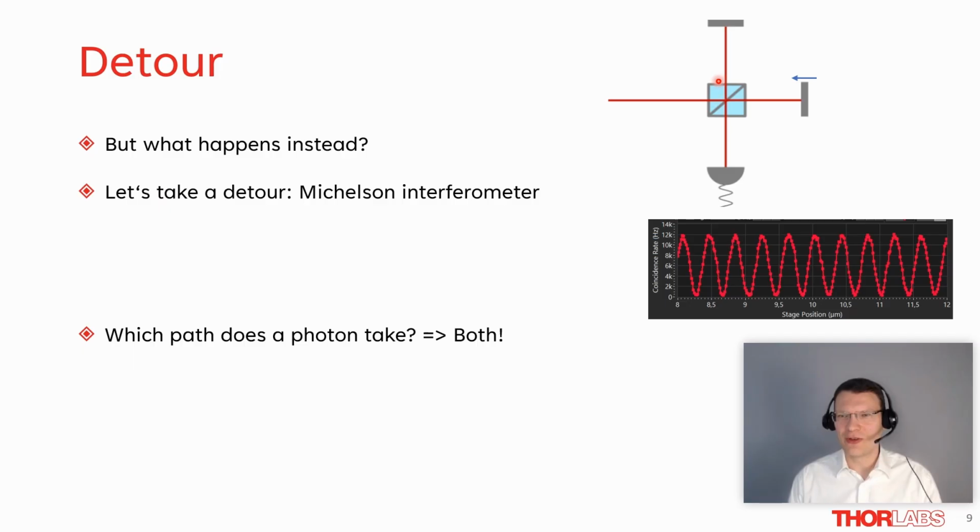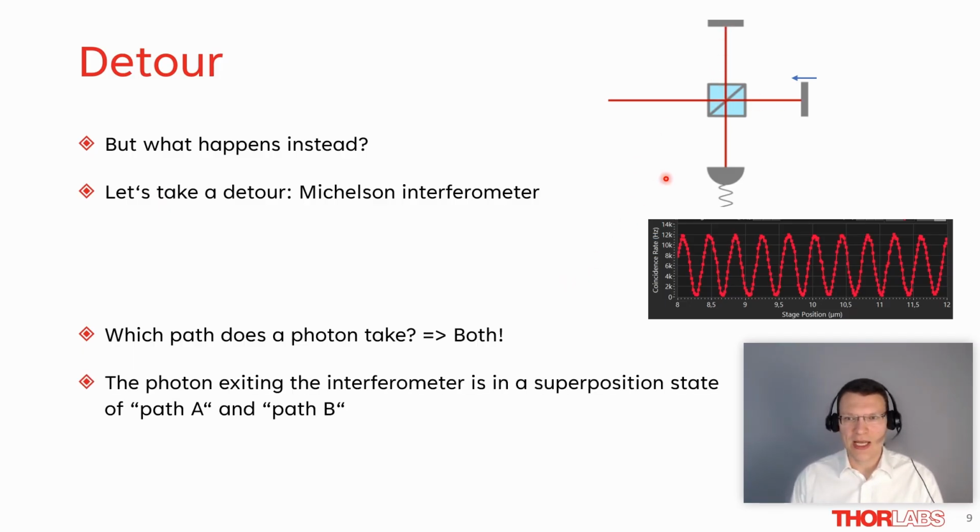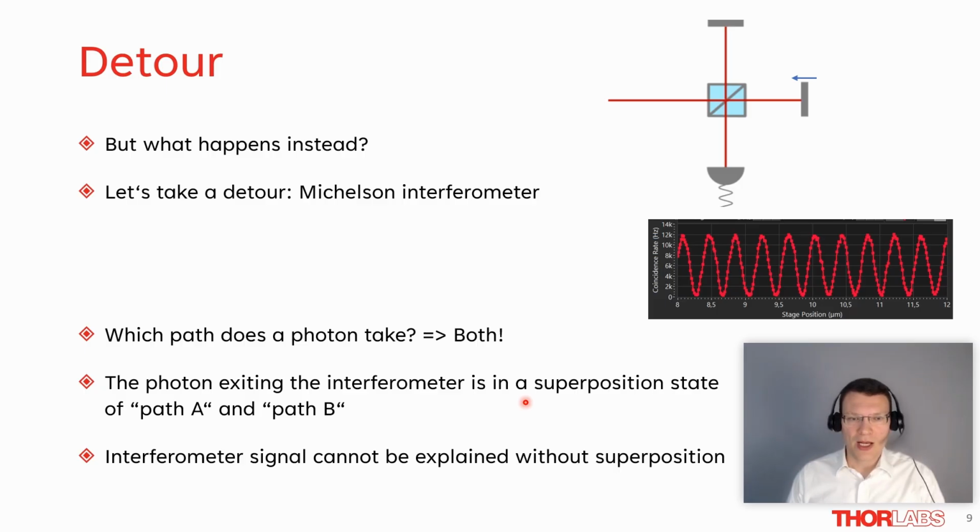So even the single photon sees both paths in the interferometer, meaning that at the output of the interferometer, the photon can only be described as a superposition state of path 1 and path 2, and this is what creates the interference. Crucially, the interferometer output signal just cannot be explained without this superposition, so you must not picture it as just one dot going somewhere. And if you've understood that, this really helps to understand what's happening in our crossed BBO.